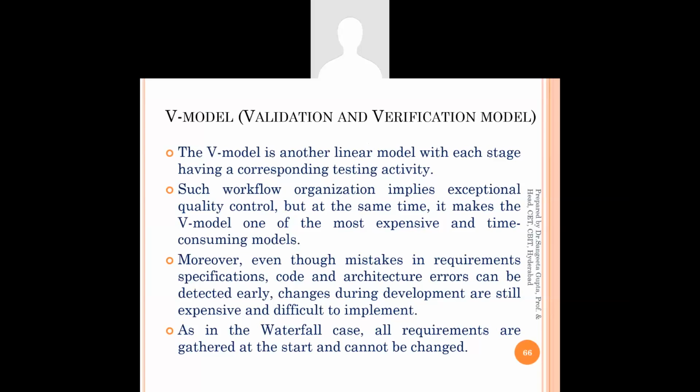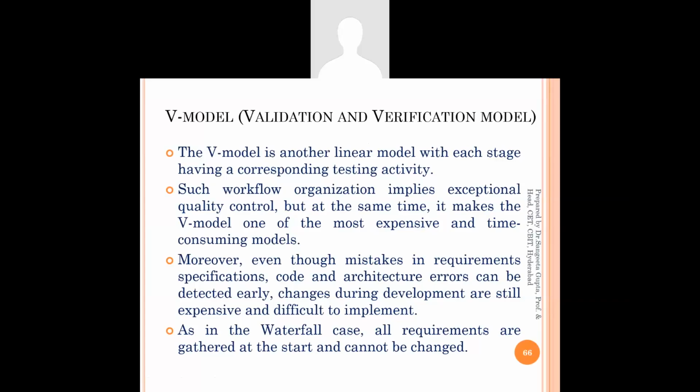Here in a V model, we try to link every phase. If it is the requirements analysis phase, there also we apply testing. If it is the design phase, there also we apply testing. Like that, as we progress from one stage to the other, we apply testing. Such workflow organization implies exceptional quality control.